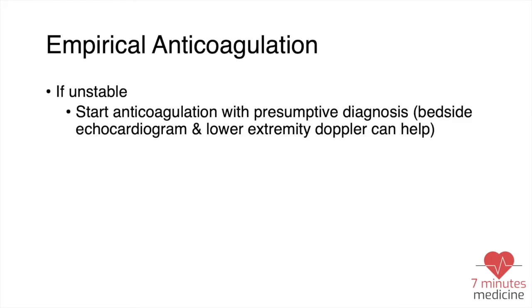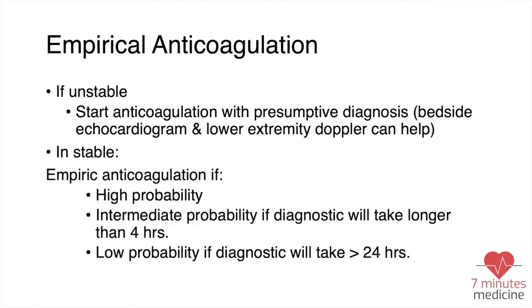For the empirical anticoagulation, if the patient is unstable, we start anticoagulation with a presumptive diagnosis, even without a CT angio. If we are able to do a bedside echocardiogram and lower extremity Doppler, this will help in guiding our decision. If the patient is stable, we give empiric anticoagulation if, as we said, it is a high probability patient.